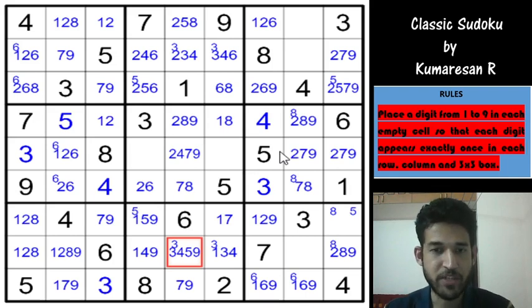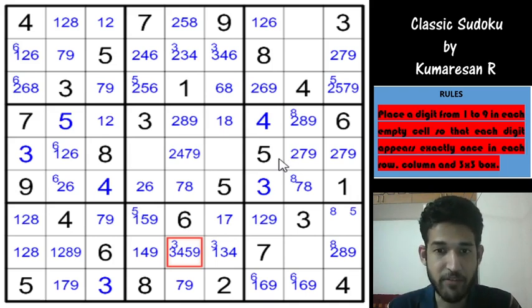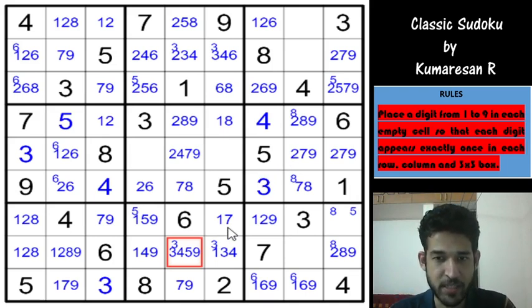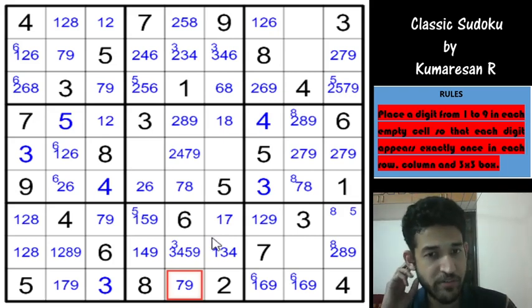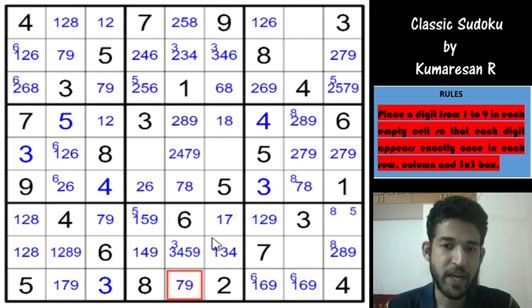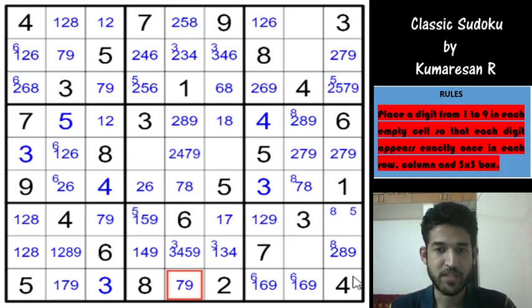So the simple rule of thumb I will suggest is, start looking for cells which have bi-value candidates, which have only 2 candidates in them. So you can see that these cells are of particular interest to me. All these cells have only 2 possible values in them. So in most of the Sudokus, even in harder ones, most of these bi-value candidates will give a lot of information.